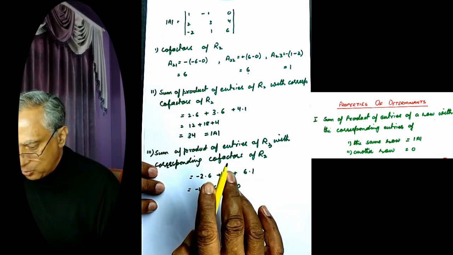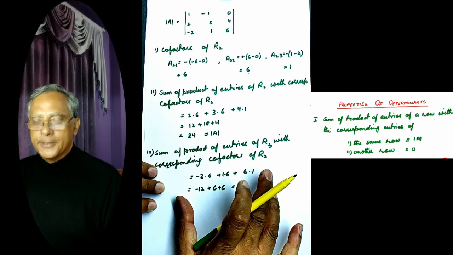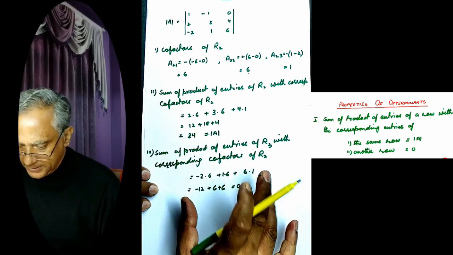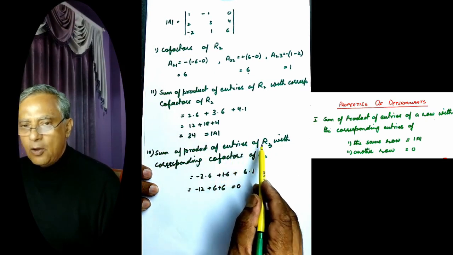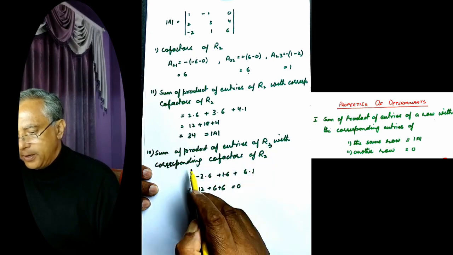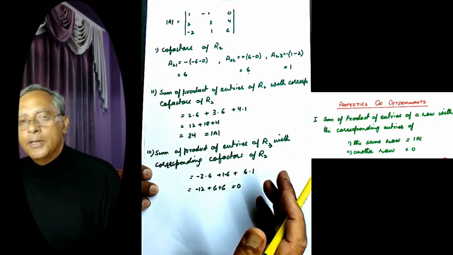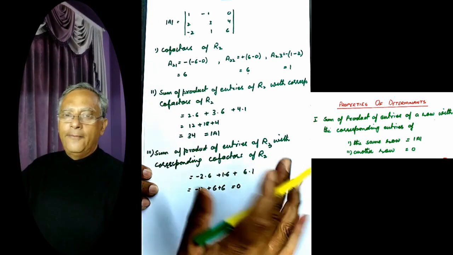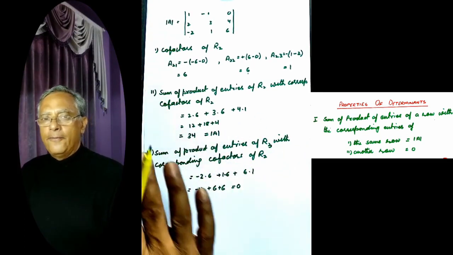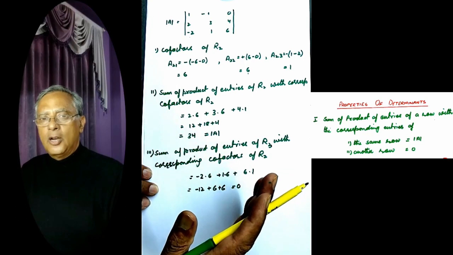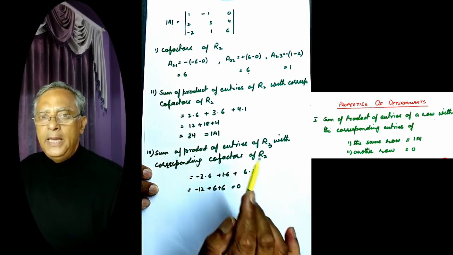The property says the sum of products of entries of one row with the corresponding cofactors of some other row will always be 0. If entries are of one row and cofactors are of another row, the result will always be 0.